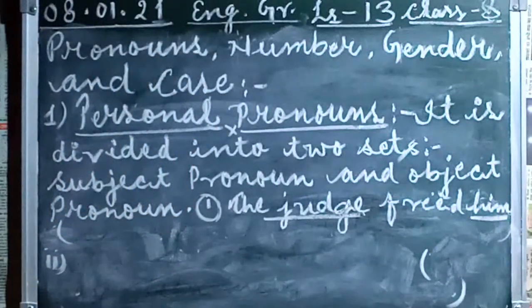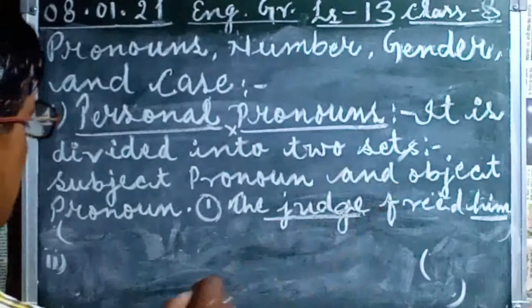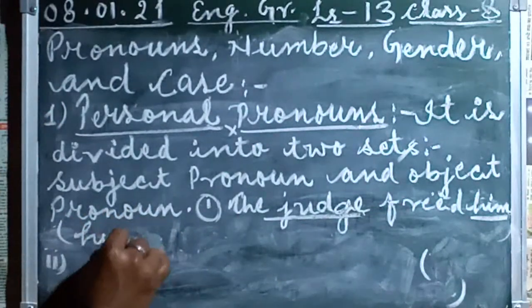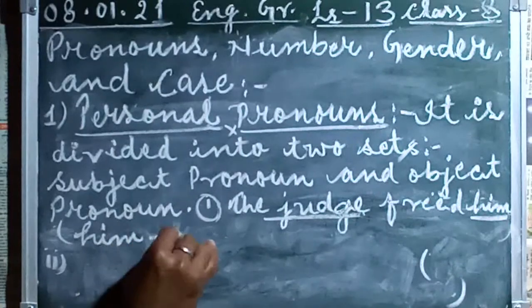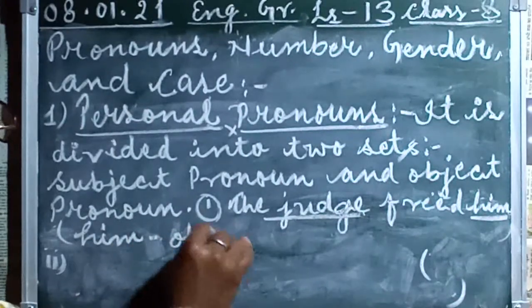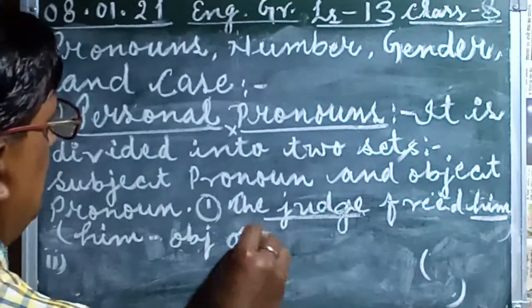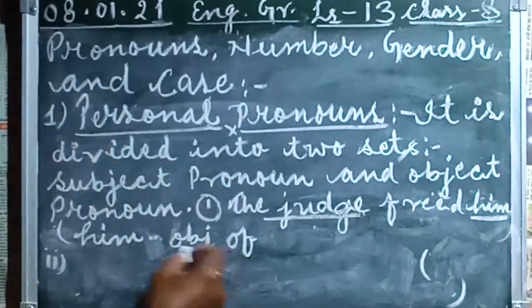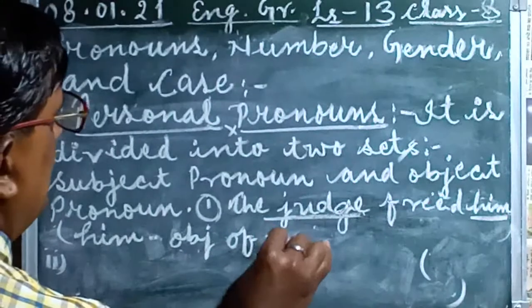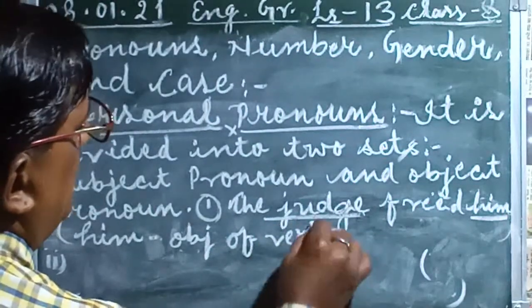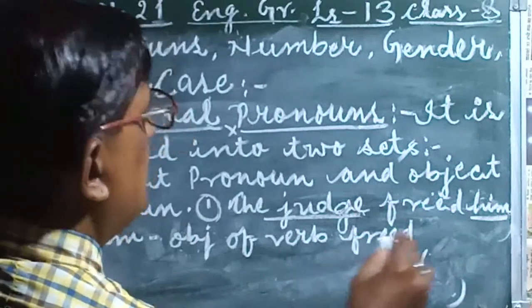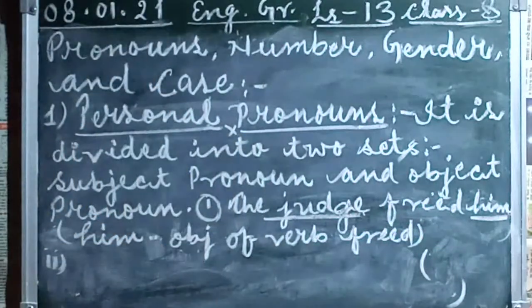So we can say that him is the object of the verb freed. Is it clear, children? I hope this is confirmed to you.